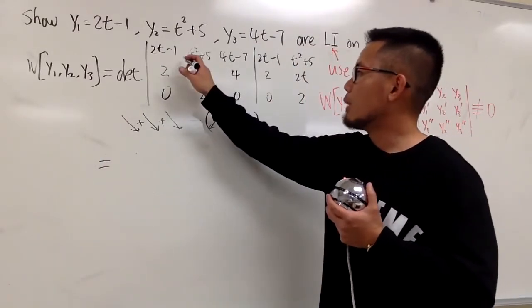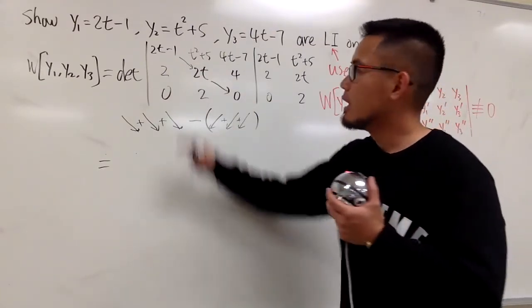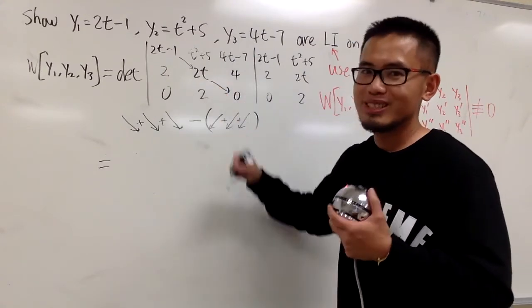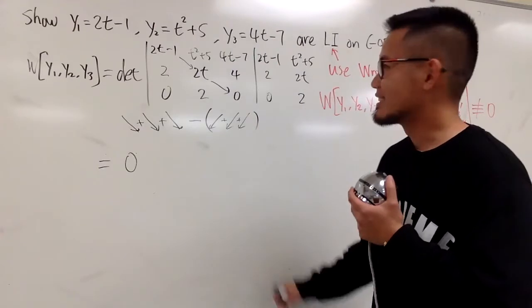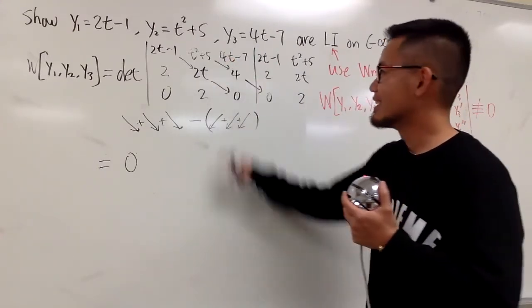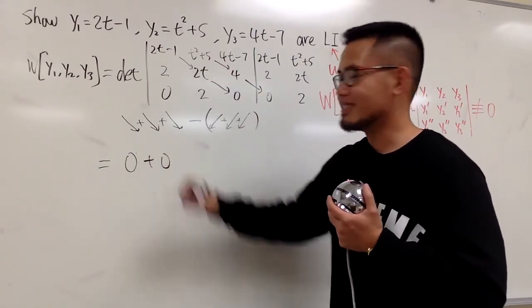So first of all, I will just do this times that. Well, 2t minus 1 times 2t, and then times 0 is just 0. So the first term right here is just 0. Next, I'll do this times that. Once again, this times 0, so it's still plus 0, isn't it?